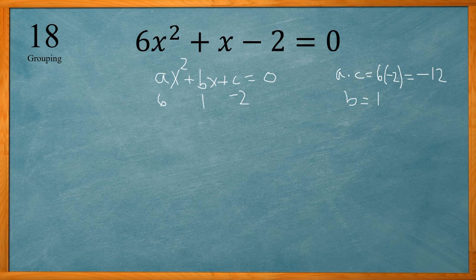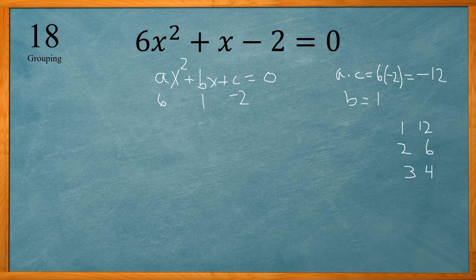So I'm going to find all the combinations that multiply to give me 12. Be 1 times 12, 2 times 6, and 3 times 4. Now, this needs to multiply to give me negative 12, so one of these from each group is going to be negative. And when I add them together, they need to add up to 1.